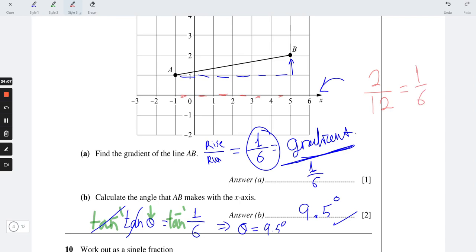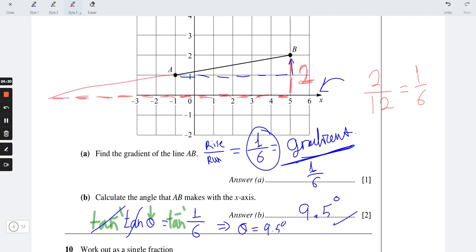This is what I was trying to say. Here we have 2 steps from the x-axis, so 2 steps here as a rise, and for the run we have 1, 2, 3, 4, 5, 6, 7, 8, 9, 10, 11, 12.